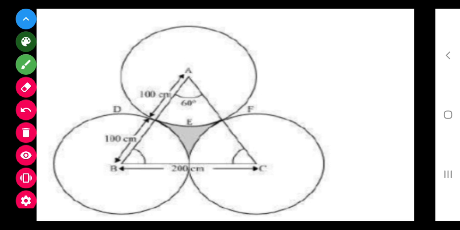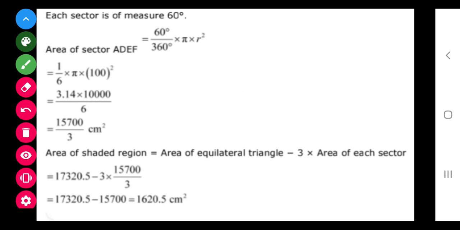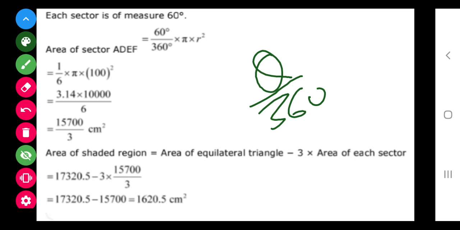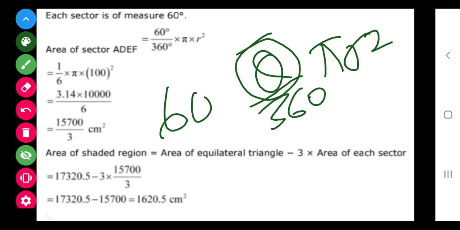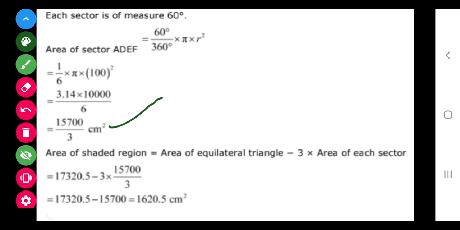See the complete diagram. This is now completely 200. This is 100. Now we will get the area of one sector. Area of a sector is theta upon 360 pi r square. Theta is taken as 60 because it is an equilateral triangle. R will be taken as 100, which we determined in the previous part. So on substituting, we have got this solution.